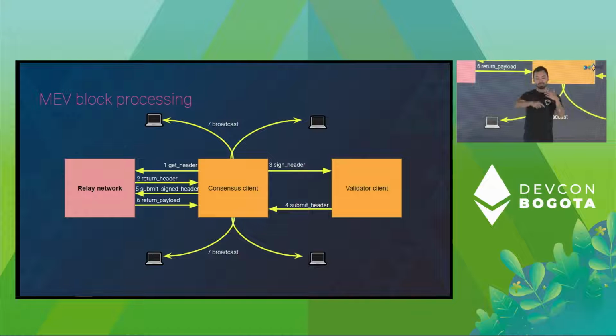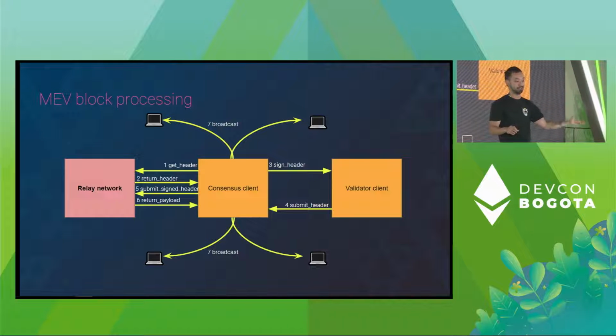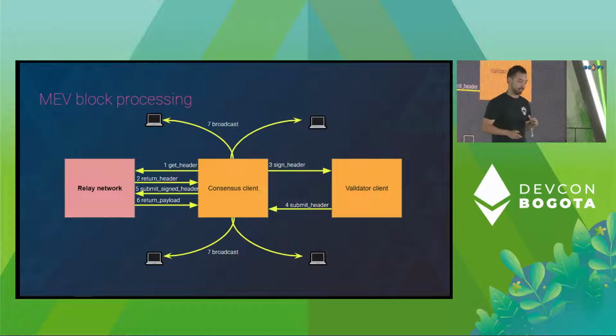Given it's a commit and reveal approach, there are more steps in the middle. First the relay network returns the header, then you sign the header and submit the signed header, and the relay network returns the full payload, which is the transactions in clear text. So as you can see, there are 2 more steps here.